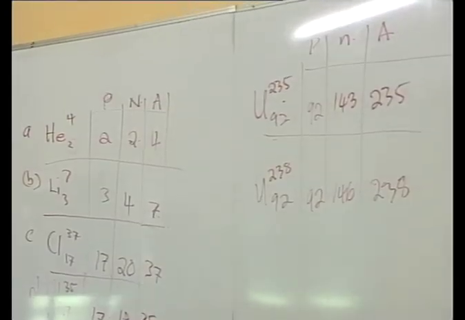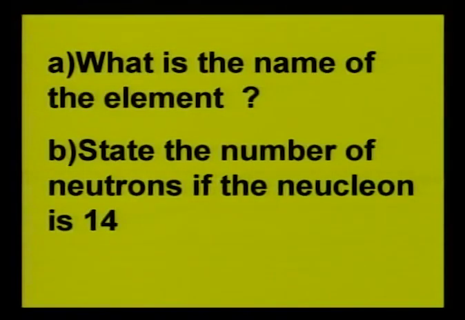Now for question number 2, let's quickly go through it. What is the element in that X and 6? If we have an element like this, what is the name of that element? Okay, good.